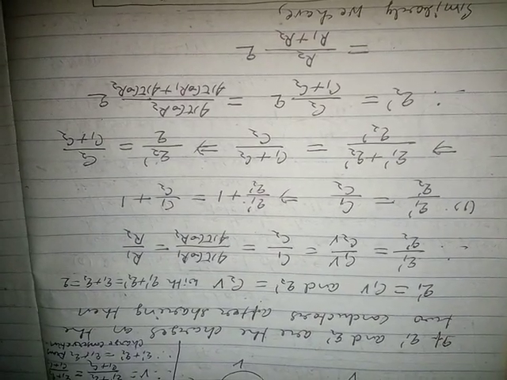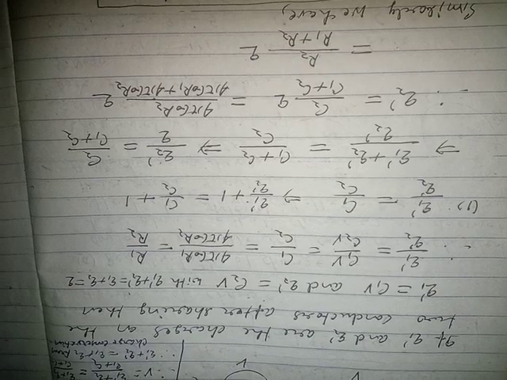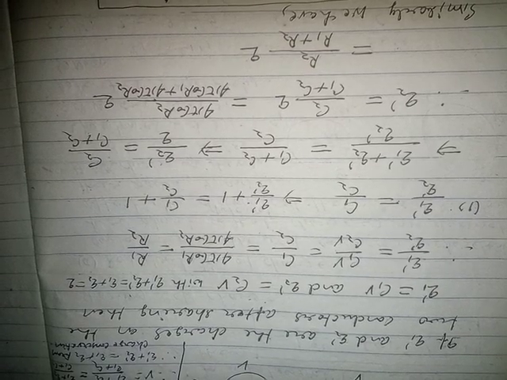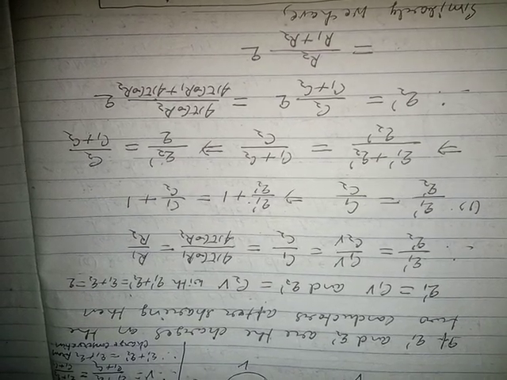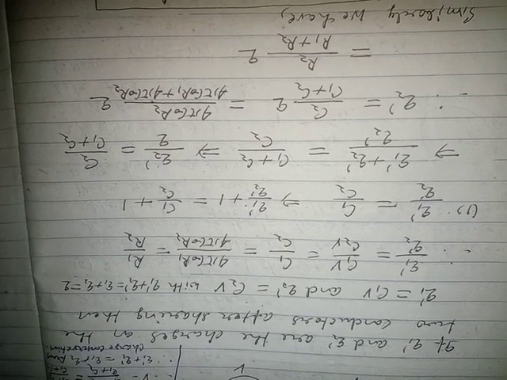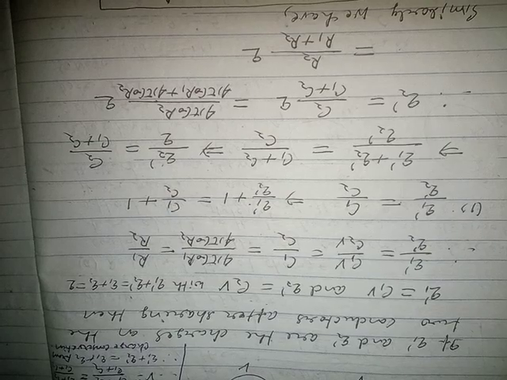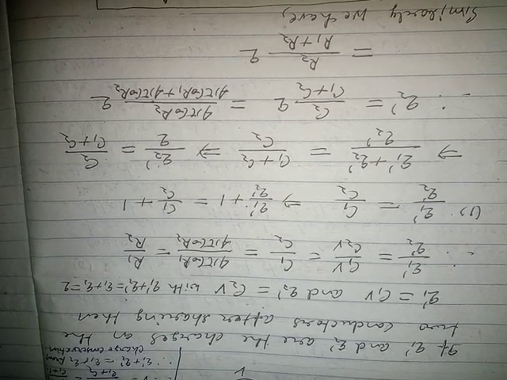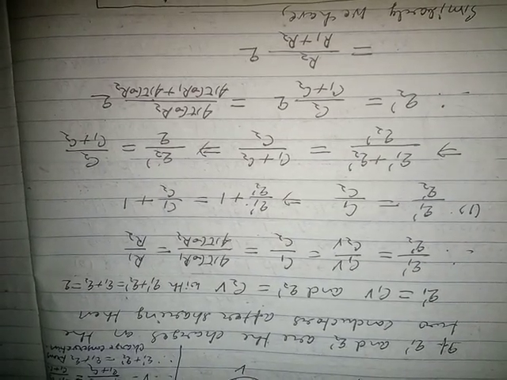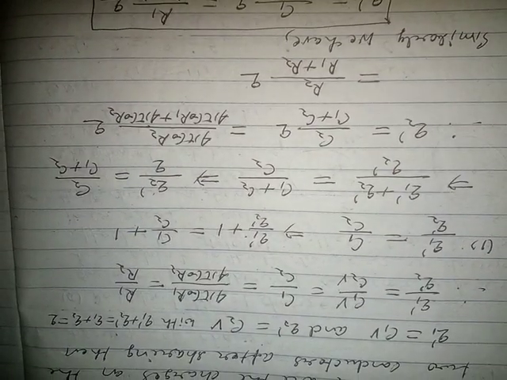From 1, Q1 dash by Q2 dash equals C1 by C2. This implies Q1 dash by Q2 dash plus 1 equals C1 by C2 plus 1. This implies Q1 dash plus Q2 dash by Q2 dash equals C1 plus C2 by C2. This implies Q2 dash by Q equals C2 by C1 plus C2.